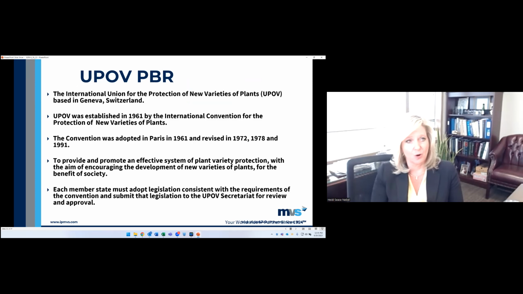Other options for international protection, besides if you want to go outside of Canada, would be UPOV and plant breeders' rights. And the US enactment of this is the Plant Variety Protection Certificate. UPOV generates the guidelines for implementation of plant breeders' rights by country, or for everyone to use, and country by country has to enact their own legislation.